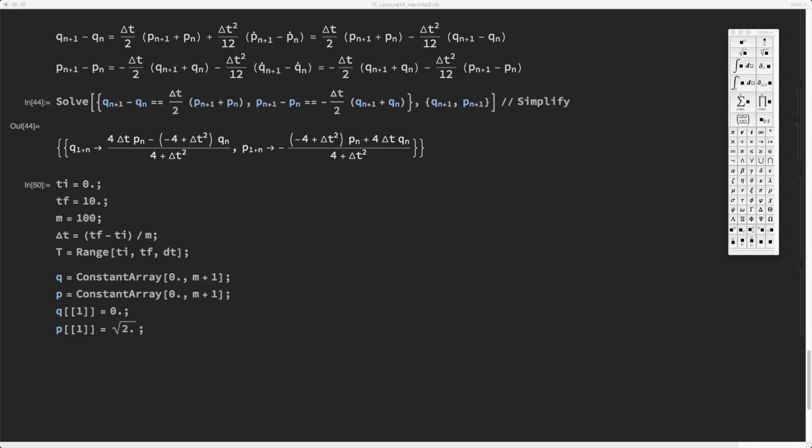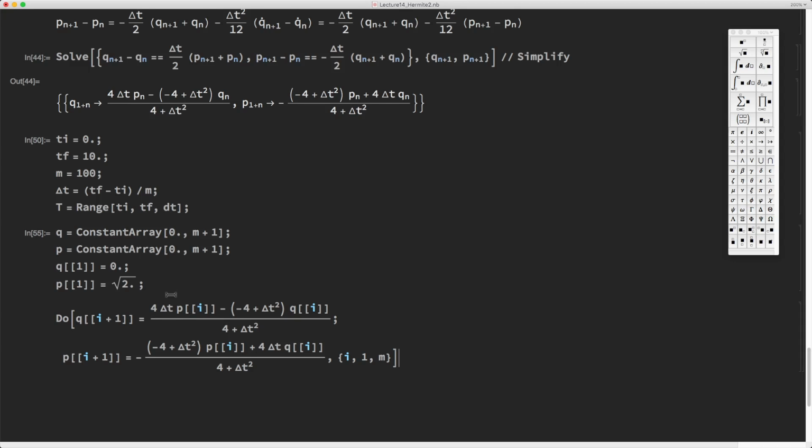Okay, now our do loop will involve doing these two substitutions repeatedly. So let's try this. So let's execute this, and then this would be our do loop.